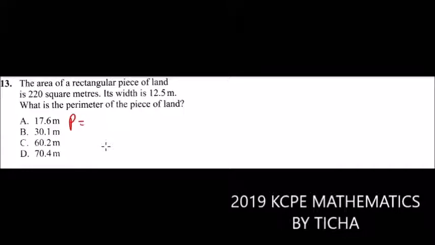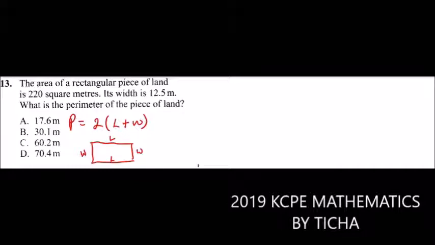The perimeter of a rectangle is 2 multiplied by length plus width. This is a rectangle, just a sketch. So this is the width, this is the length. You add these two and multiply by 2, because this is also the length, and this is the width, and that is the length.